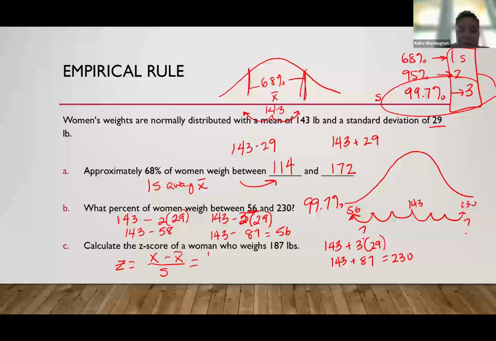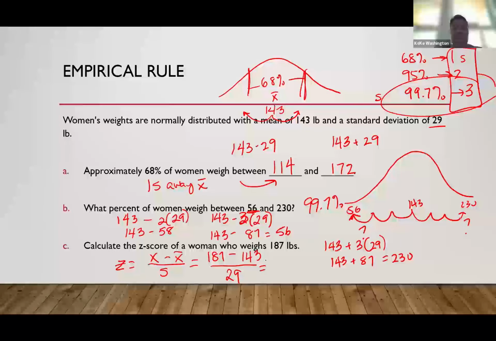So I'm converting 187. A Z-score is a standardized score, so it doesn't have any units, like the 187 is in pounds. The 143 is the mean, divided by 29.